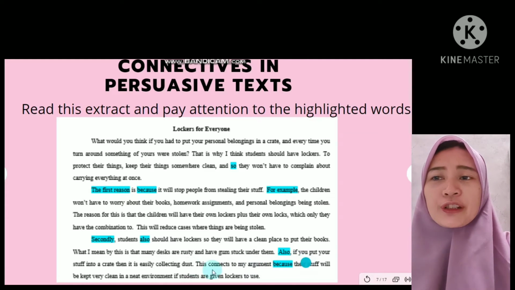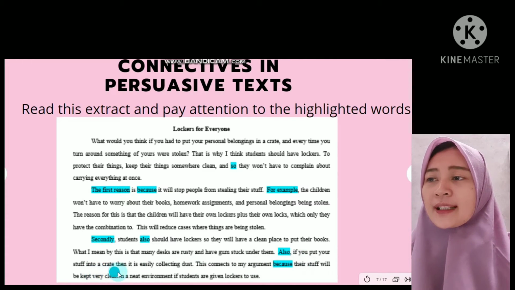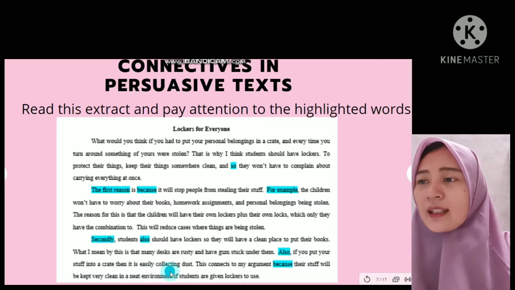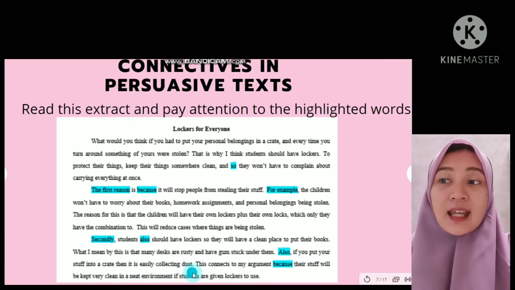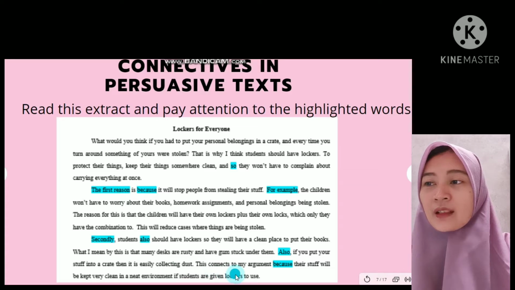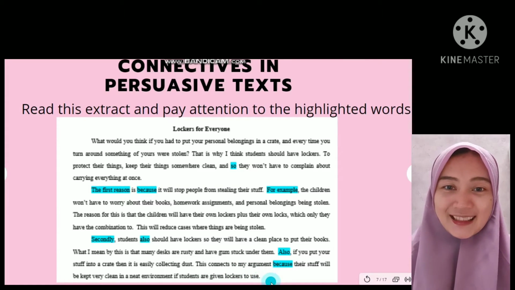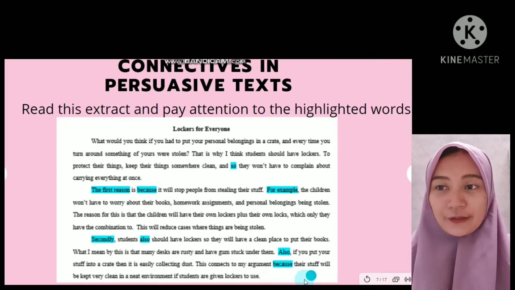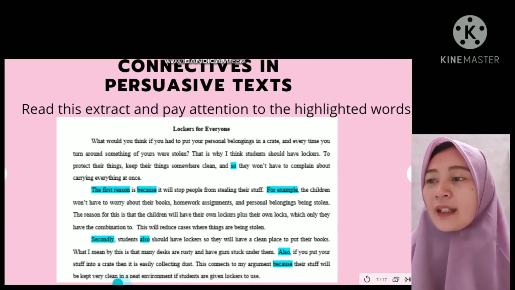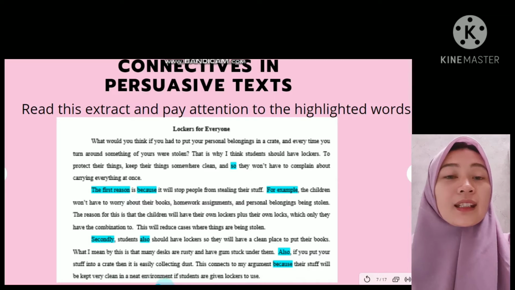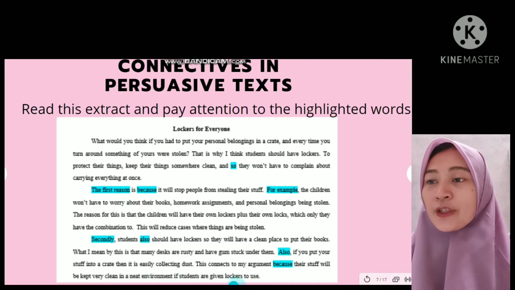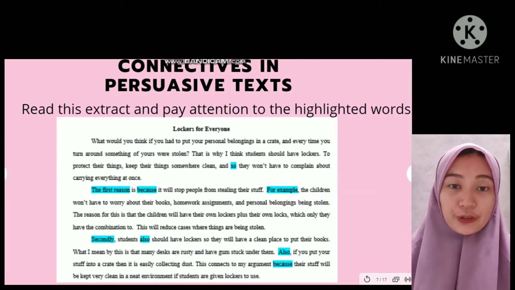Yeah. Also, if you put your stuff into a crate, then it is easily collecting dust. Yeah. This connects to my argument because, this is the cause and effect connective, right? The stuff will be kept very clean in a neat environment if students are given lockers to use.